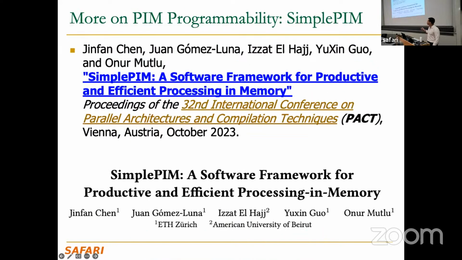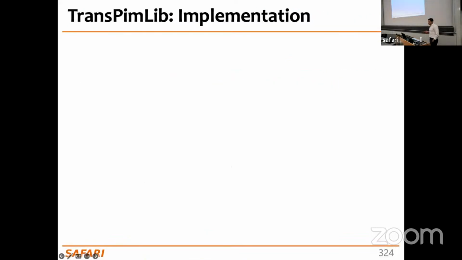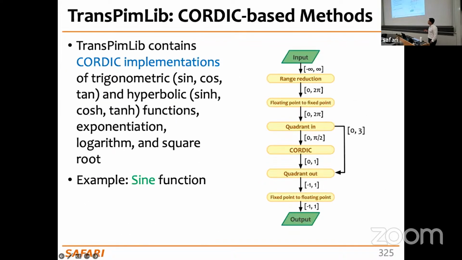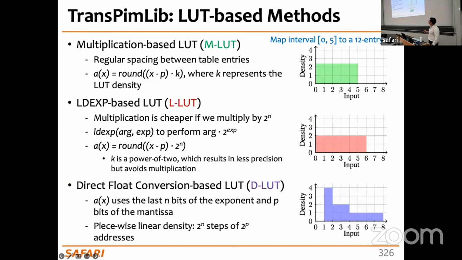And Onur also mentioned the SimplePIM architecture, which is an early implementation of a similar framework. We also implemented TransPimLib, which is a library of transcendental functions for the UPMEM PIM system, because the UPMEM hardware does not provide hardware support for those transcendental functions themselves.